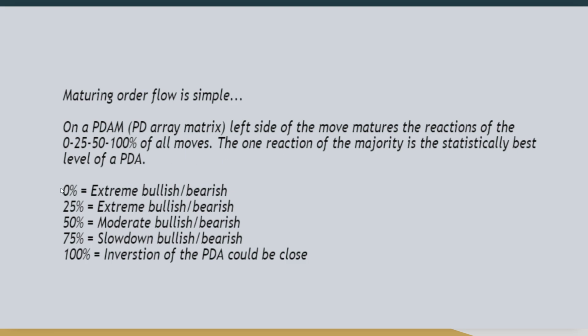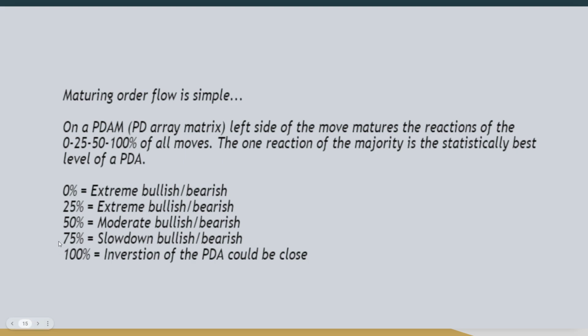All right, so you have 0%, which indicates extreme bullish or bearish institutional outflow. You have 25% mark, which is also extreme bullish and bearish institutional outflow. You have 50% mark, which represents a moderate bullish and bearish PD array, or continuation of the order flow.